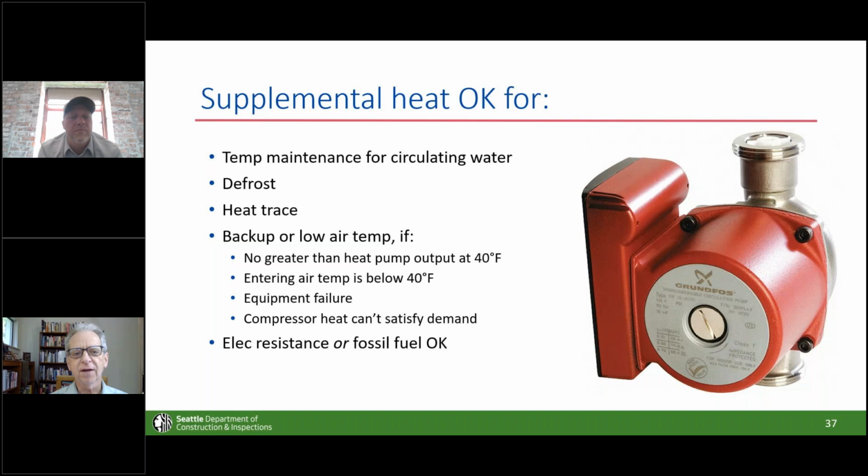You can use the supplementary heat if you're following all these rules, that you're not using it over 40 degrees. But you can use it if the equipment's failed or for some reason the compressor isn't satisfying the demand. And we used to say electric resistance, but per recent legal issues, you could have that electric or fossil fuel.